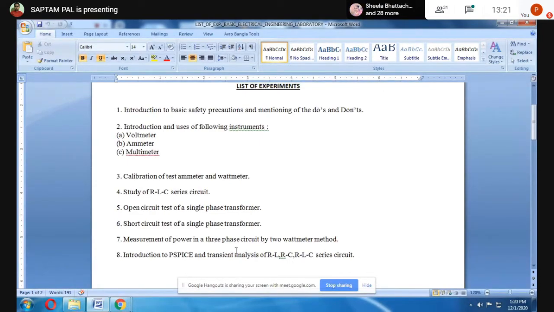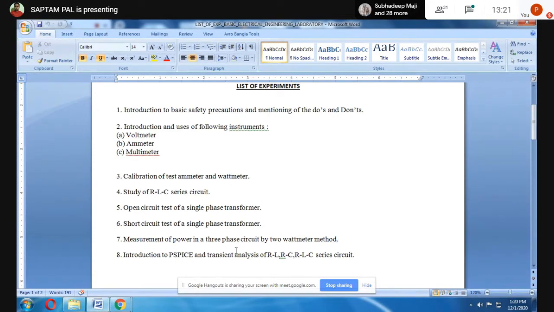When we do our offline classes, there are certain rules and regulations that you have to maintain. Remember this very carefully because we have high voltage instruments in our lab. So always when you are going to perform your experiment, come to the lab wearing shoes, not sandals or any other.